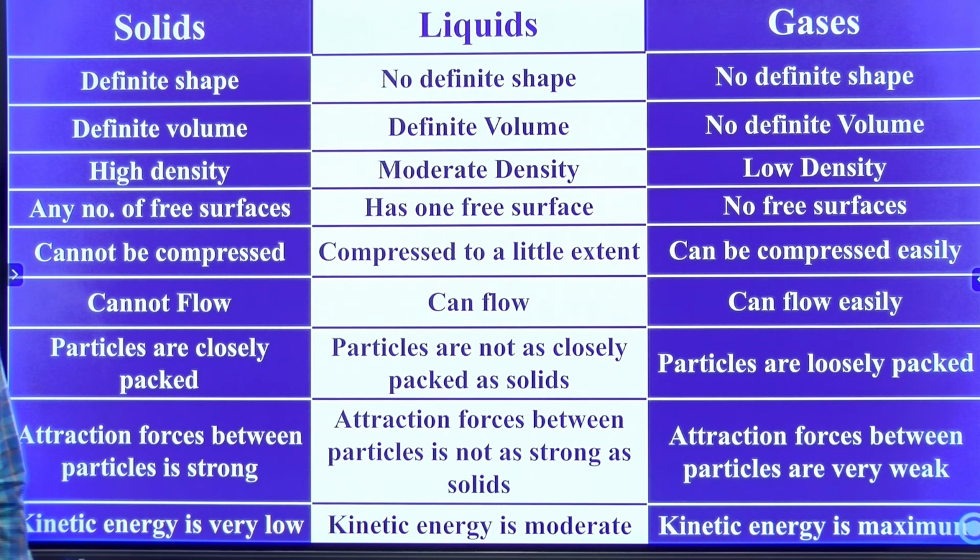Gases do not have a fixed shape and fixed volume. In general, solids have high density, whereas liquids have moderate density, but gases have low density. Solids cannot flow, but liquids and gases can flow. That's why liquids and gases are combinedly called fluids.